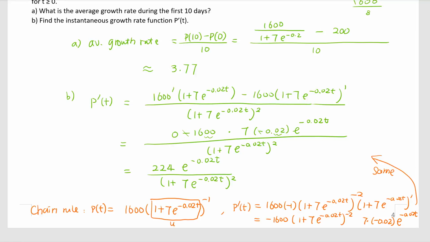So far, so good. And I really want to point this out because sometimes students make mistakes. Where do they make the common mistake? The common mistake is they forget that the derivative of 1600 is 0. So they will still keep the 1600 here with this term. Which is wrong. So be careful with that.